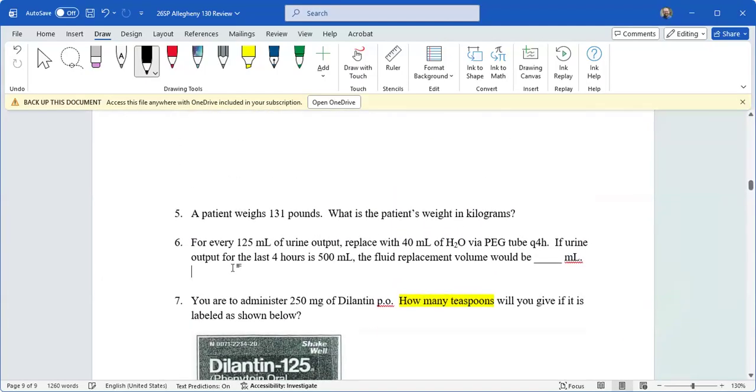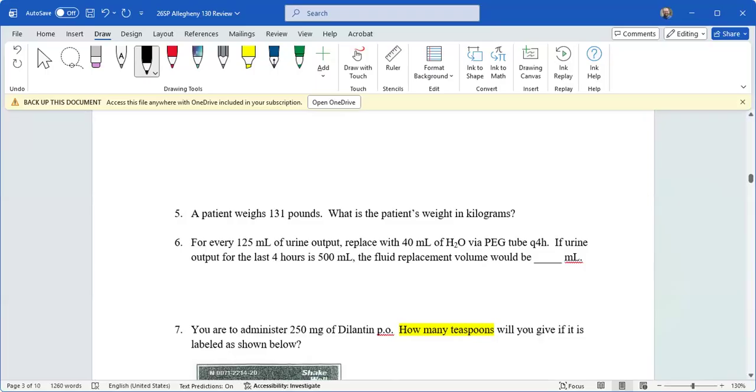All right. For this urine output question, I've always told students the way I look at this is it's kind of like a ratio proportion, but if you follow the following format, if you take your actual output over your expected output and then times your replacement volume, you will get the answer right every single time.